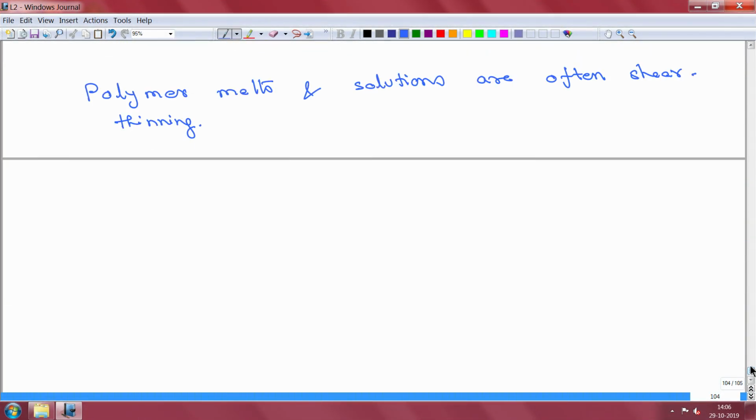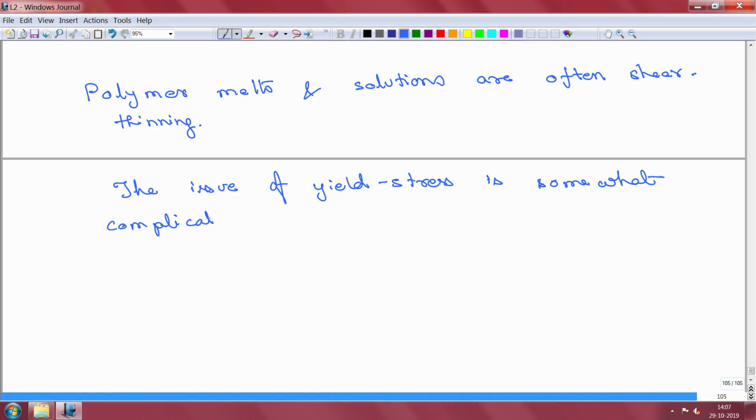Okay. So, now that made some space for myself. So, this issue of yield stress, I am just going to write it down for you. This issue of yield stress is somewhat complicated by the fact that, maybe this is a good time to recall the original reason why we coined the term Deborah number, and we know that if you wait long enough, everything flows.